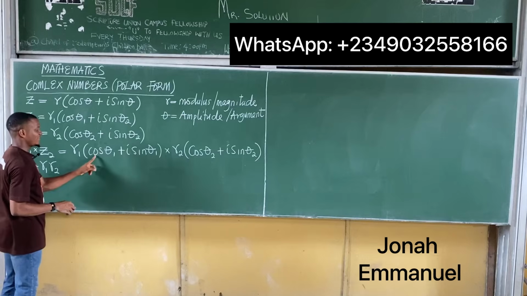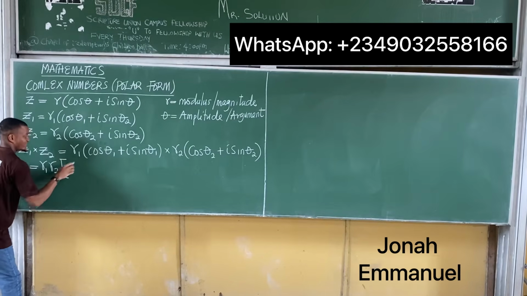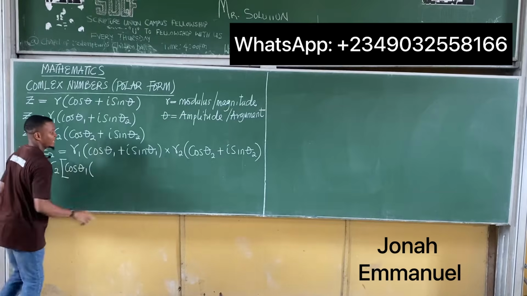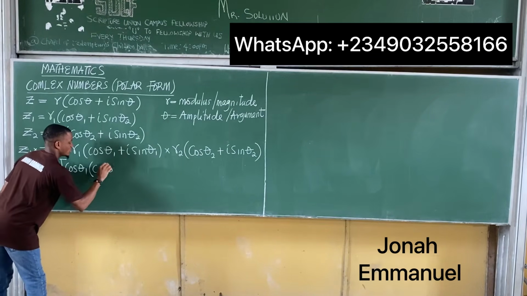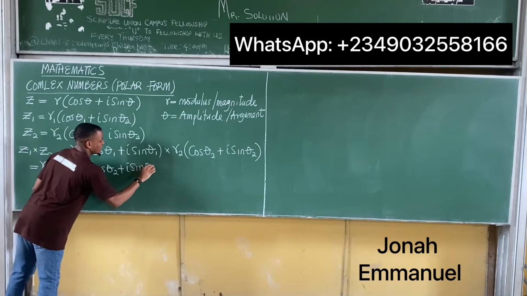Next, I'll multiply the terms in brackets. My first term in the first bracket is cos theta 1, multiplying everything in the second bracket. That'll give you cos theta 2 plus i sine theta 2.